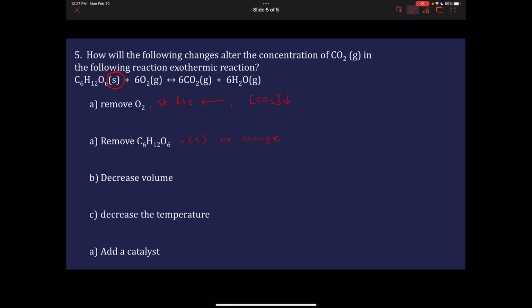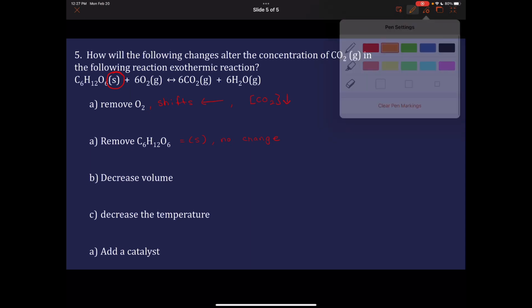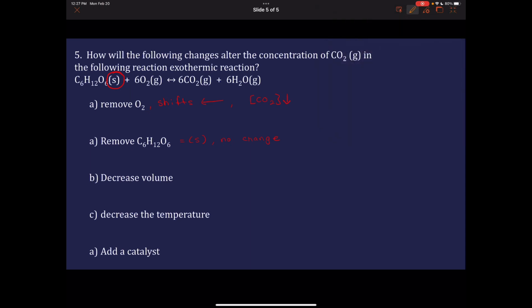If we were to decrease volume, we've got to look at our gas moles. On the reactant side, I have 6. On the product, I have 6 CO2 plus 6 water. So I have 12 moles in my products. They're not equal. Decreasing the volume is the same as increasing the pressure.